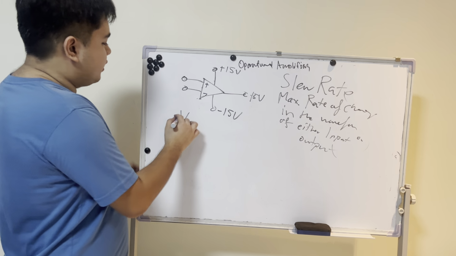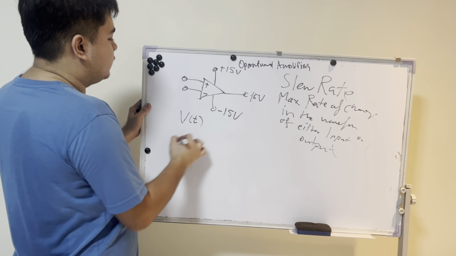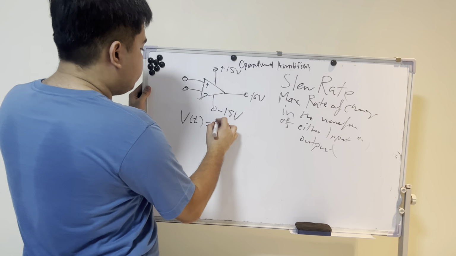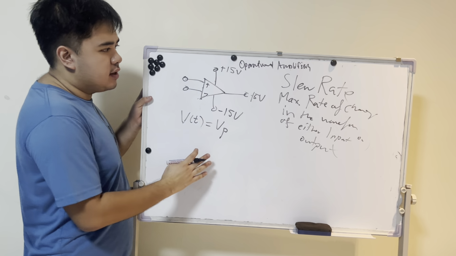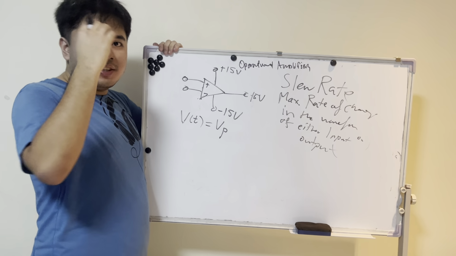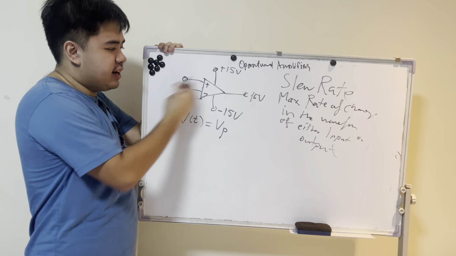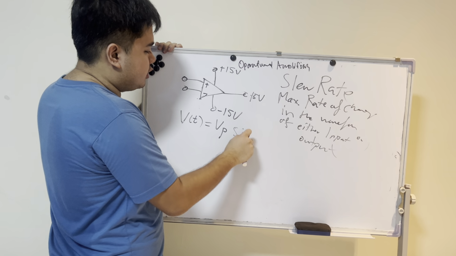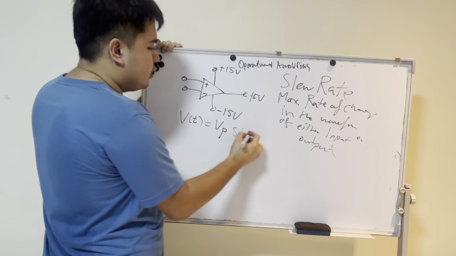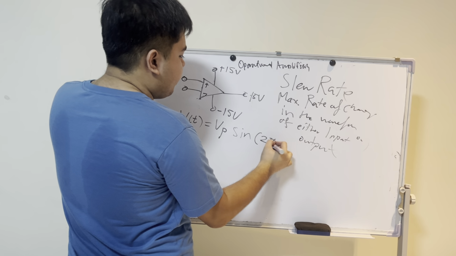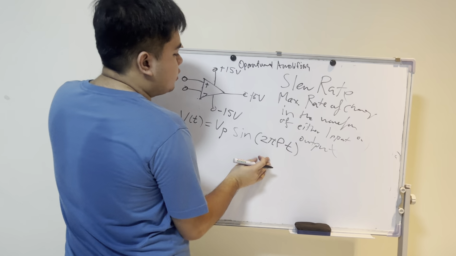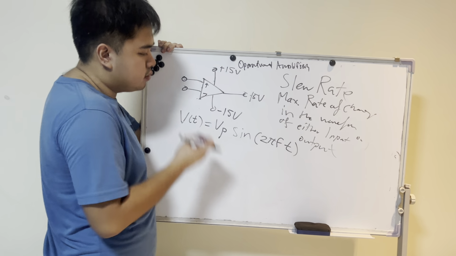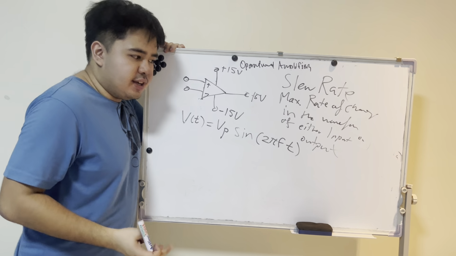So here we go. V of t is equal to Vp, the highest magnitude anywhere in here, times sine of 2 pi f t. This is usually the form of a sinusoid from AC circuits.